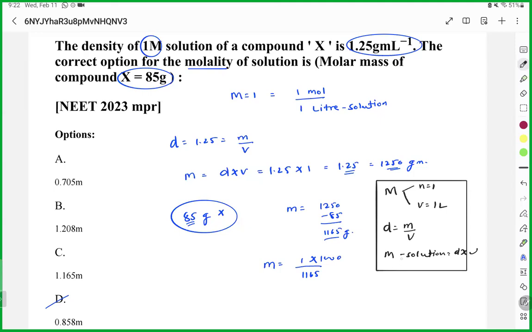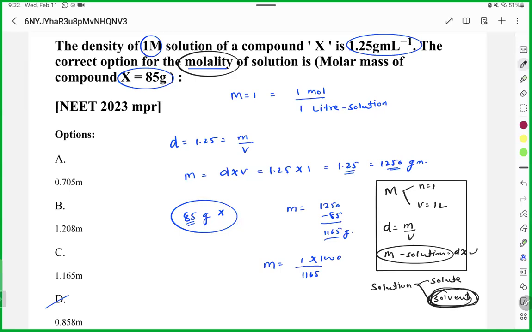So you will get mass of the solution. Once you get mass of the solution, you know solution is made up of 2 things, solute and solvent. Why am I bothered so much about this? Because in my molality topic, I need solvent mass, not total. I need solvent mass.